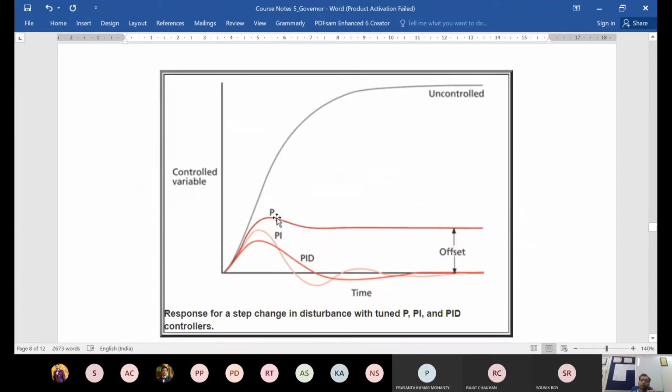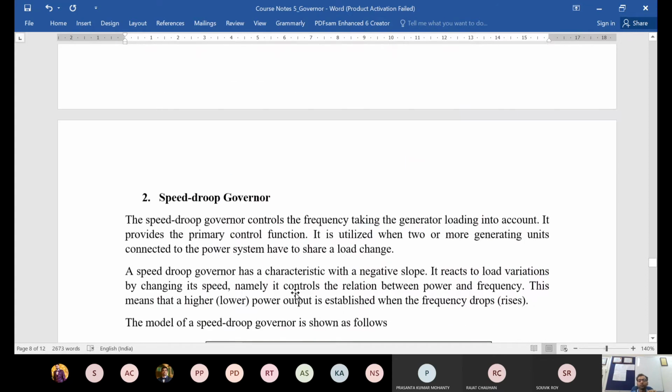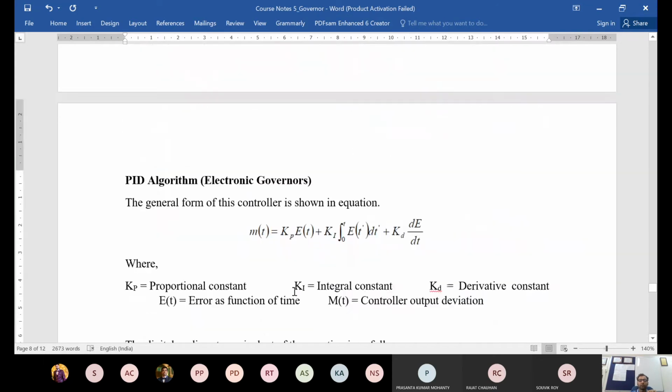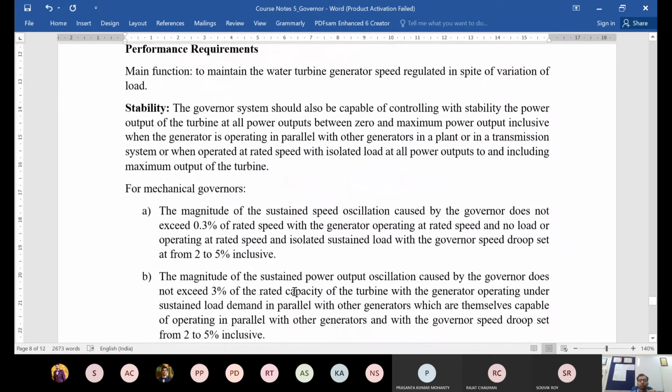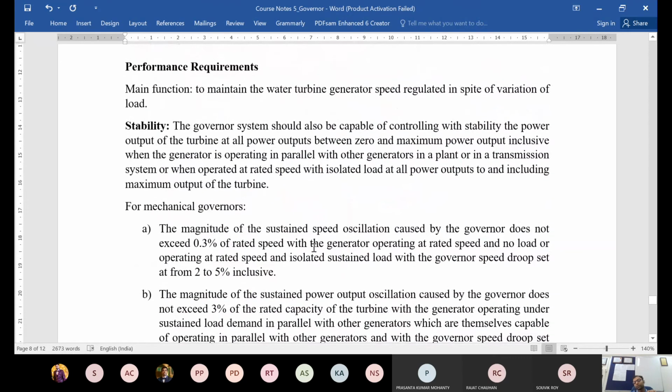Because suddenly there is a change in your loading, in response to that the controller will act and there will be these oscillations which will come into picture. The magnitude of these speed oscillations, as it says here, should not be more than 0.3% of the rated speed. So if you have 600 RPM, how much is 0.3%?